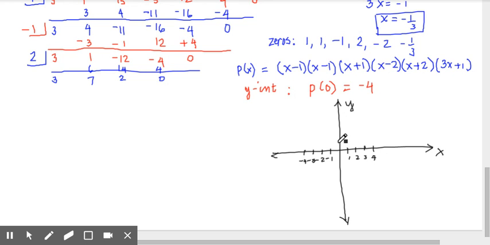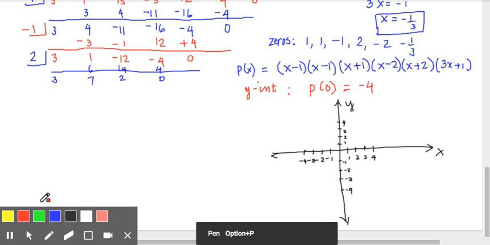So put the scale. Here, maybe we can go by ones because the y-intercept is only 4. So 1, 2, 3, 4. Negative 1, negative 2, negative 3, and negative 4.